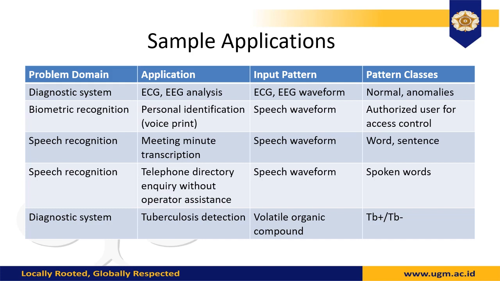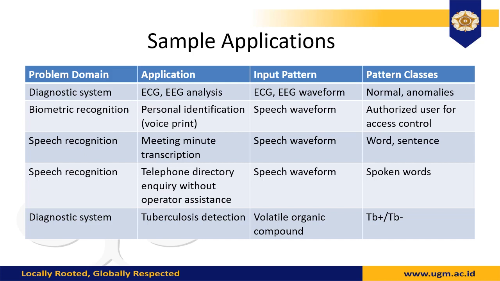We could add something, for example, to get samples of volatile organic compounds to determine if someone is positive TB or negative TB, meaning someone is detected as tuberculosis or not tuberculosis.